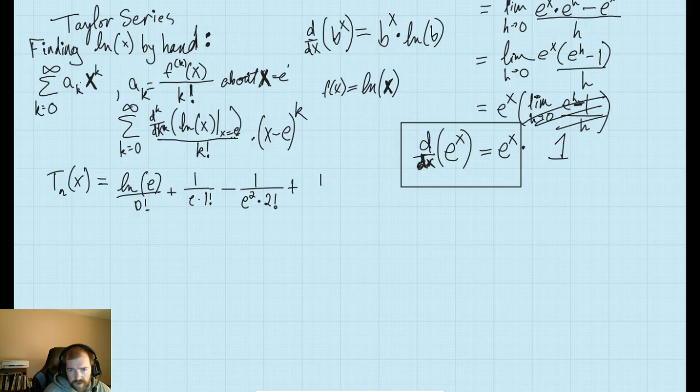Next one's going to be a plus 1 over, we drop the exponent, it's going to become a negative 2, which switches our sign back to positive. It's going to be e to the negative third, x to the negative third. And then we're multiplying by 3 factorial. Anybody see it yet?